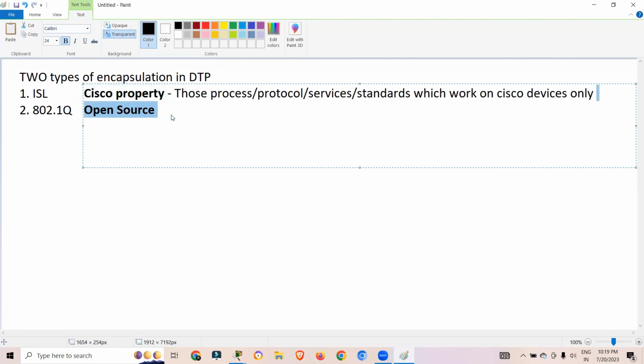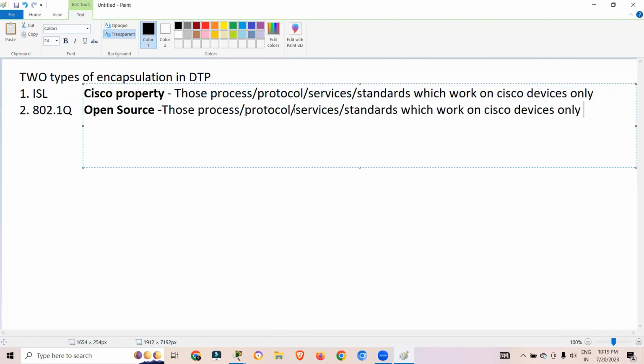And if I talk about open source, those processes, protocols, services and standards work on all networking vendors like Cisco, Juniper, MikroTik, and there are so many vendors who are manufacturing the switches. So open source works on every single vendor.